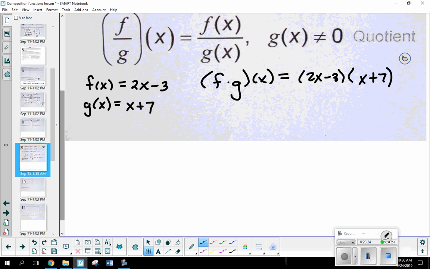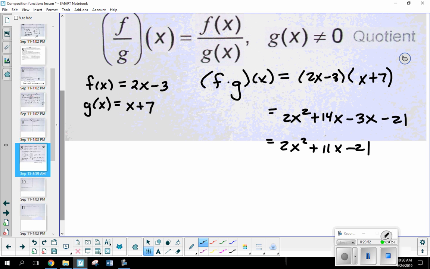So first, what would that be? 2x squared outside plus 14x inside minus 3x, and then last, minus 21. Remember, FOIL is just a way to describe the distributive property. That's all it is. So it looks like we end up with 2x squared plus what? 11x minus 21.